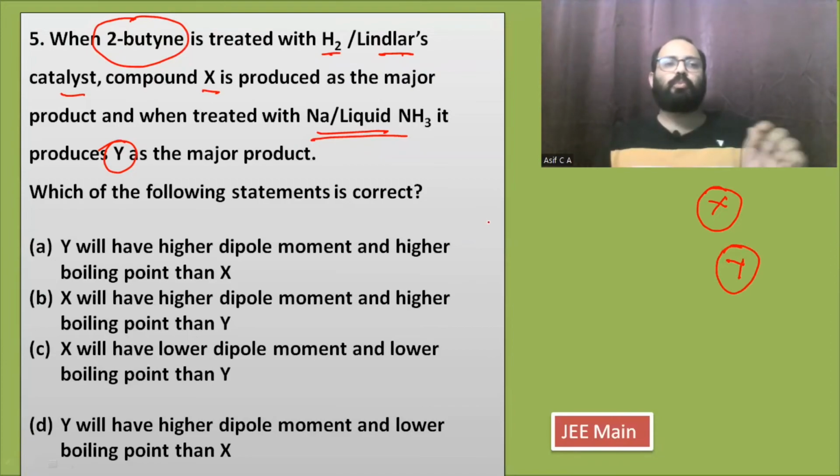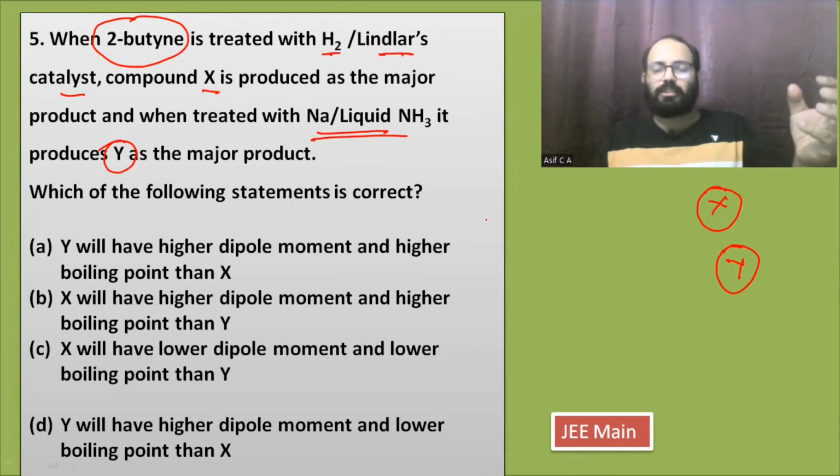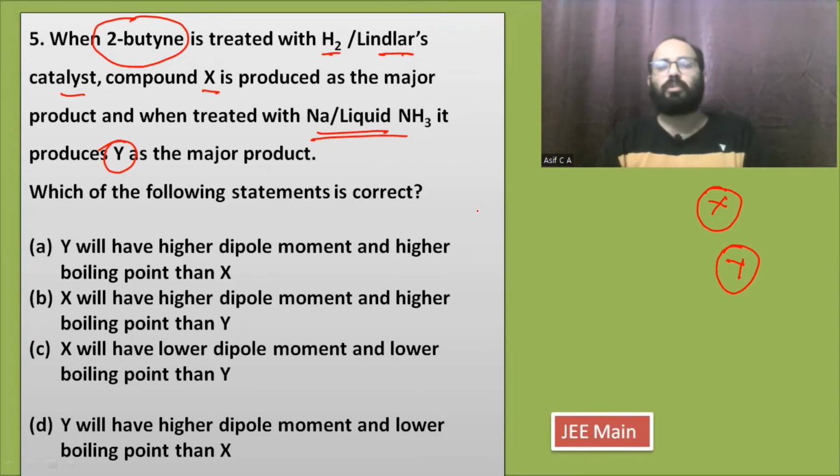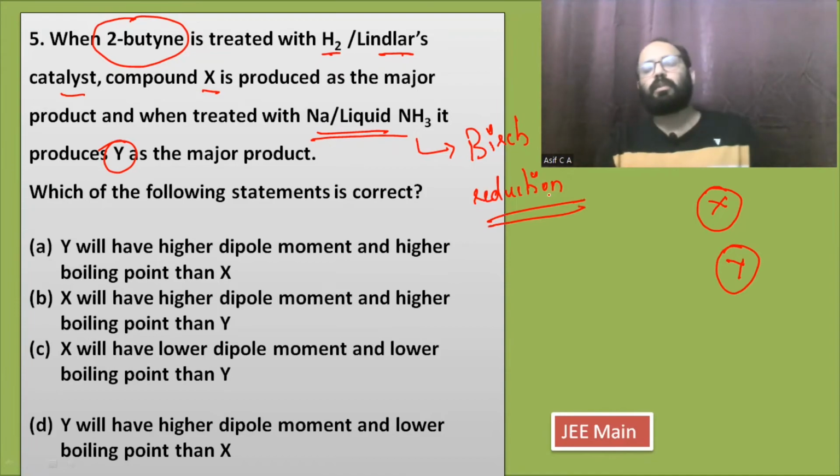So we have 2-butyne. With Lindlar catalyst we do hydrogenation, and with sodium in liquid ammonia we also do hydrogenation. We have discussed this Lindlar catalyst and Birch reduction. Sodium in liquid ammonia, that reaction is Birch reduction. We have done a video on the Birch reduction and on the Lindlar catalyst. The link will be given in the description. You can check that.